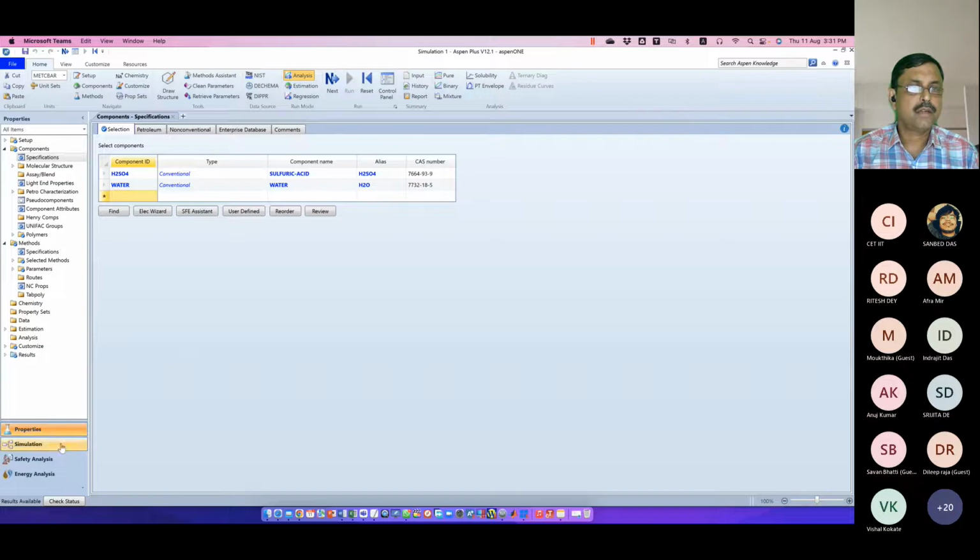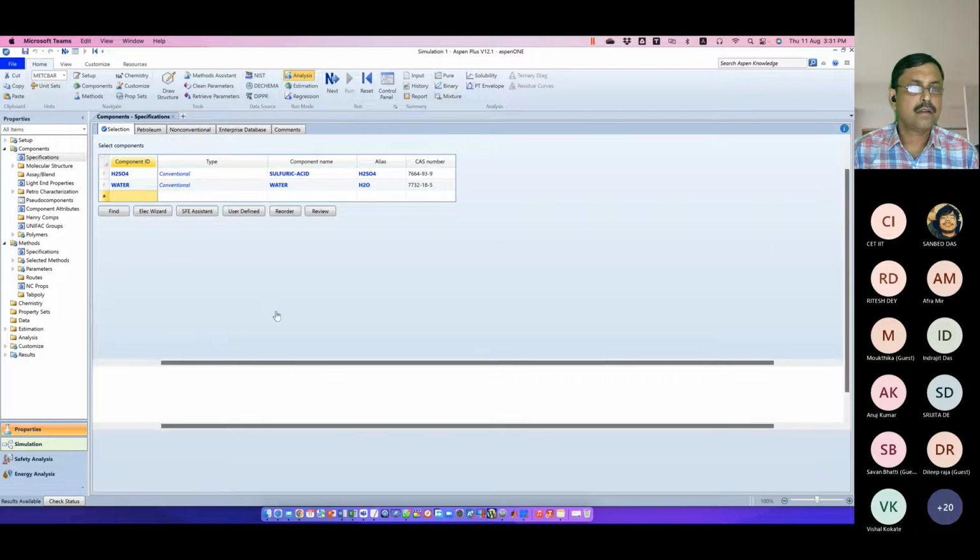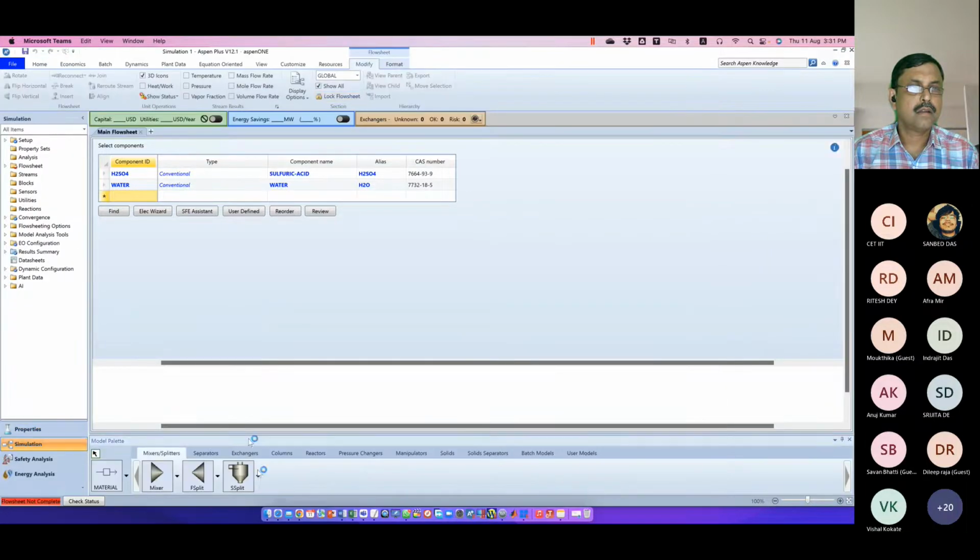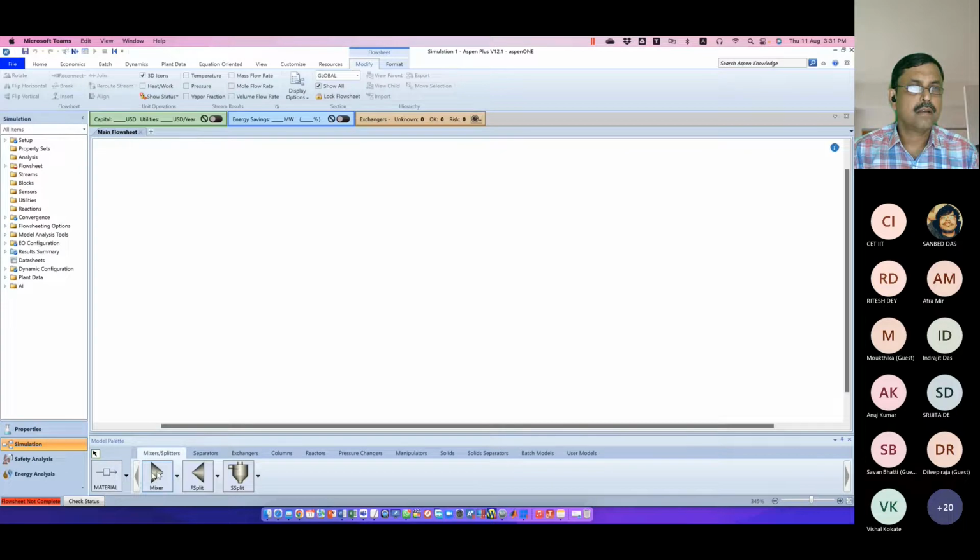Go to simulation. And then you check a mixture. And here you give a feed input and feed output. And then you can set a feed value.